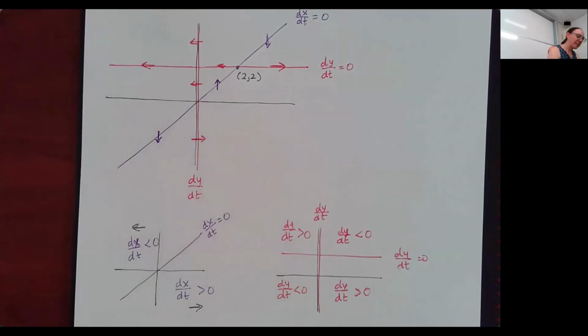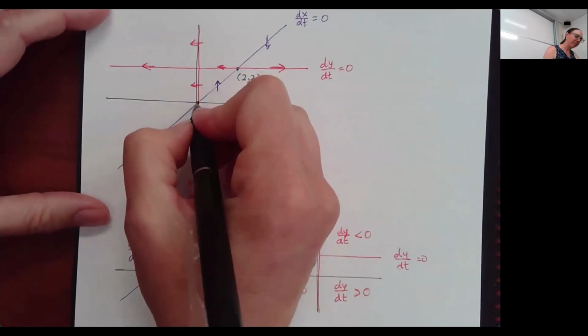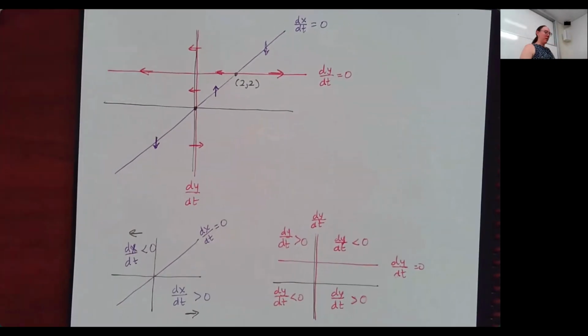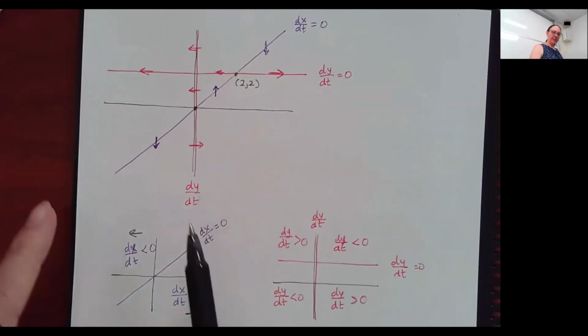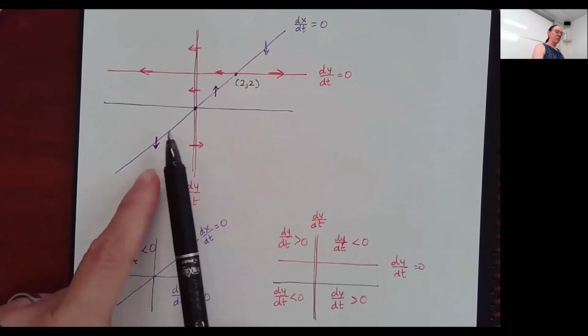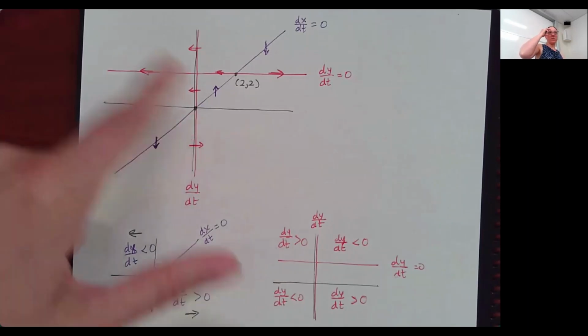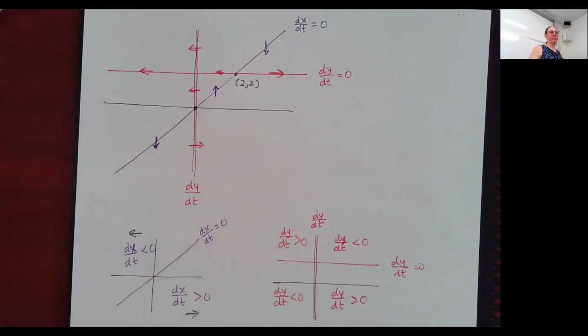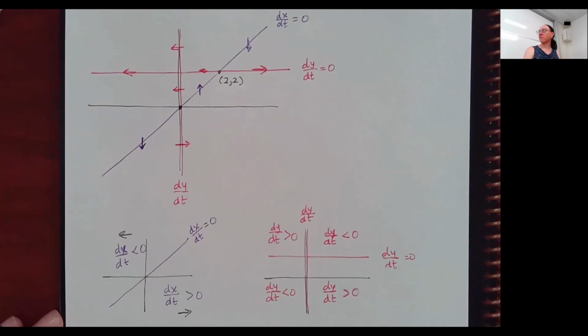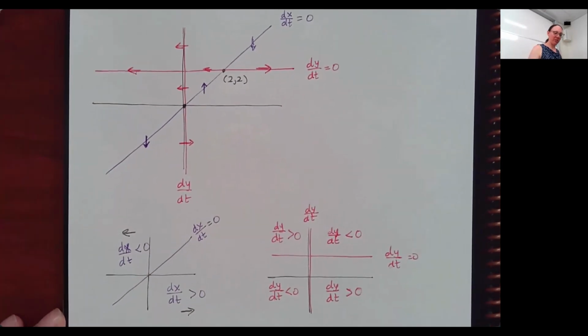The catch is that for that spiral, I can't tell if it's a stable spiral or an unstable spiral. We had to do the Jacobian to know that that was an unstable spiral over there.